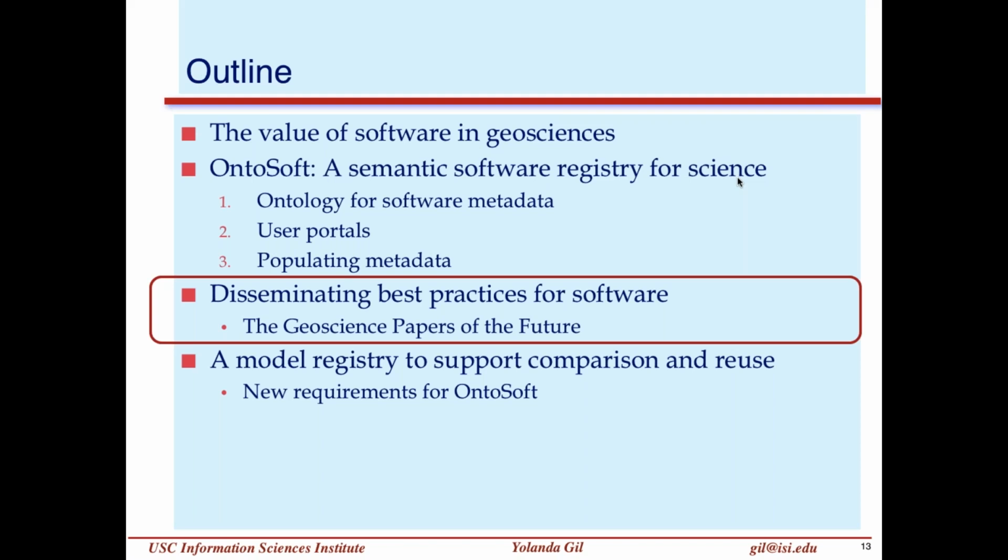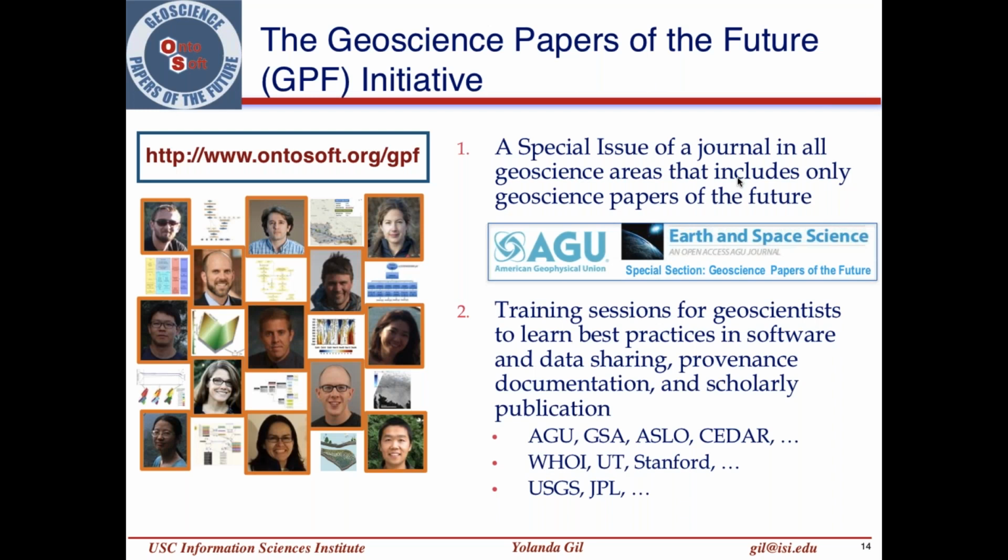I want to talk a bit about what we've done to disseminate best practices for software in the geoscience papers of the future. So this was an initiative that the OntoSoft project took to create an early career advisory board of about 30 scientists that were interested in improving their own practices with respect to software.